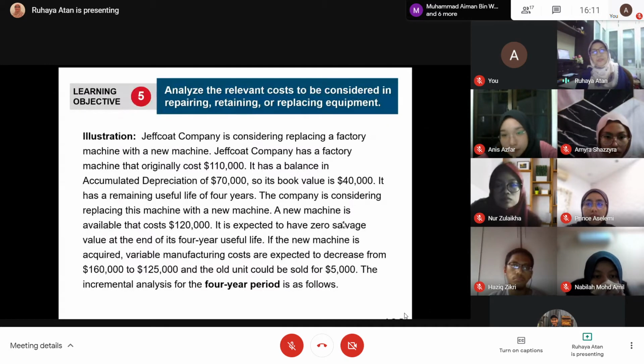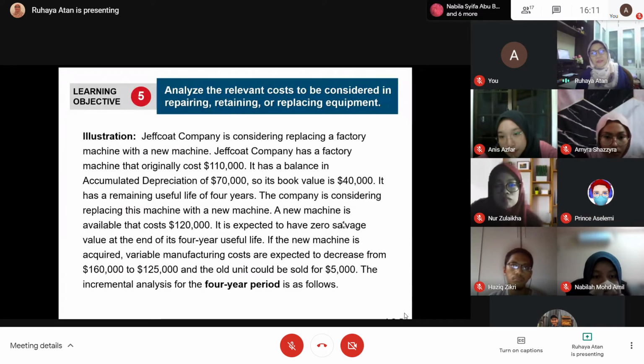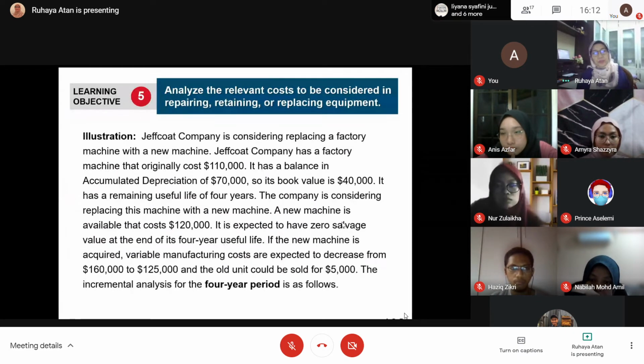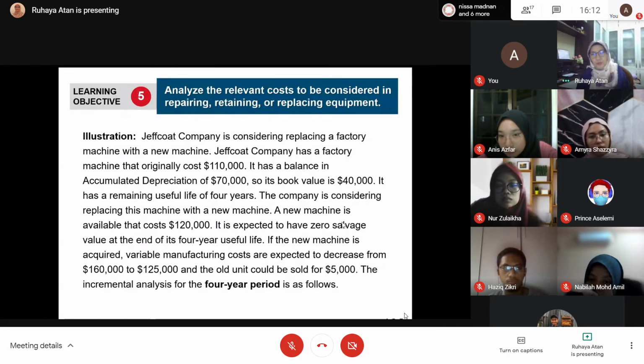Or is it better for you to buy a new car? It will not give you more headache, isn't it? When you have a new car, at least for the next few years. So similarly in business, you have machines, you have vehicles, and these machines, these fixed assets, normally will be used tremendously to bring income to the business.